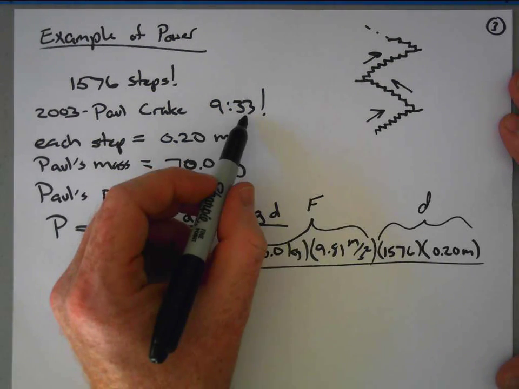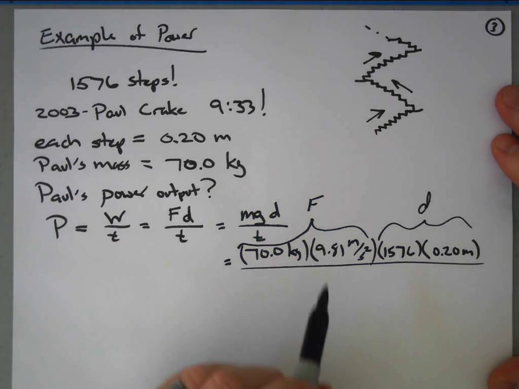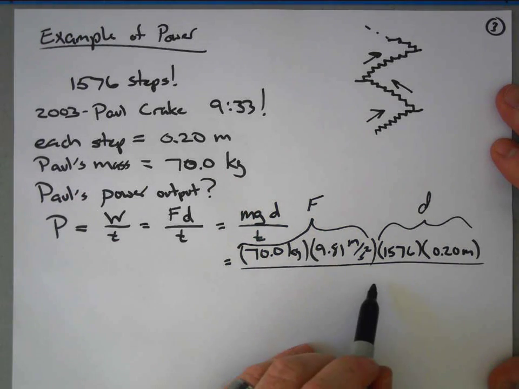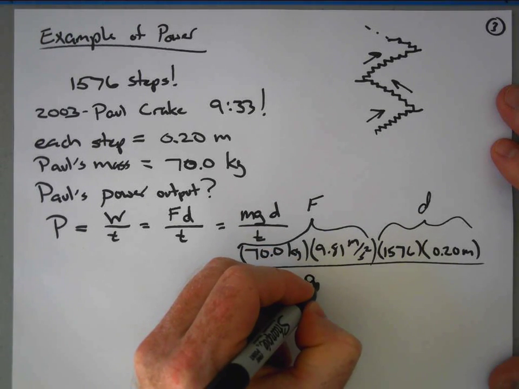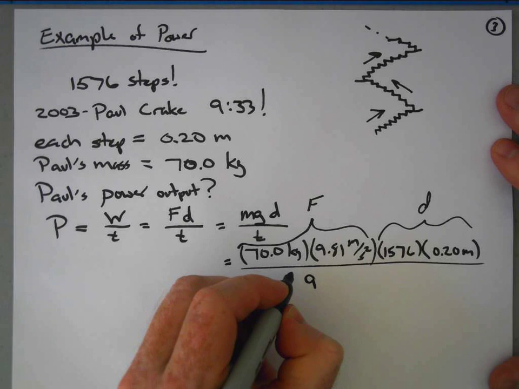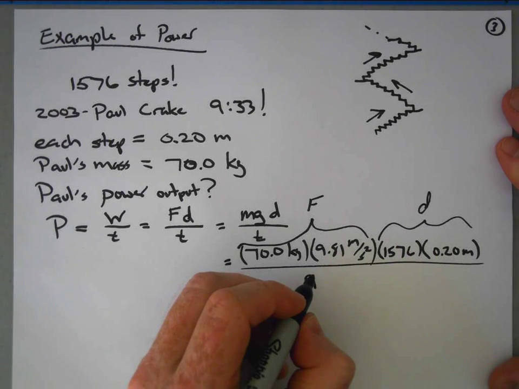Well, the time. All right. 9 minutes and 33 seconds. I'm going to break this down. I need the time to be in seconds when I do a calculation for power. So 9 minutes. Well, there are 60 seconds in each minute, so I'm going to do 9 times 60.